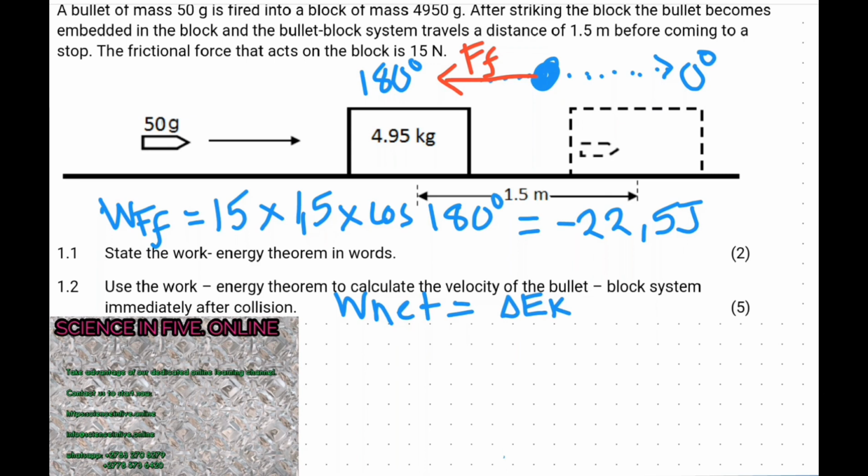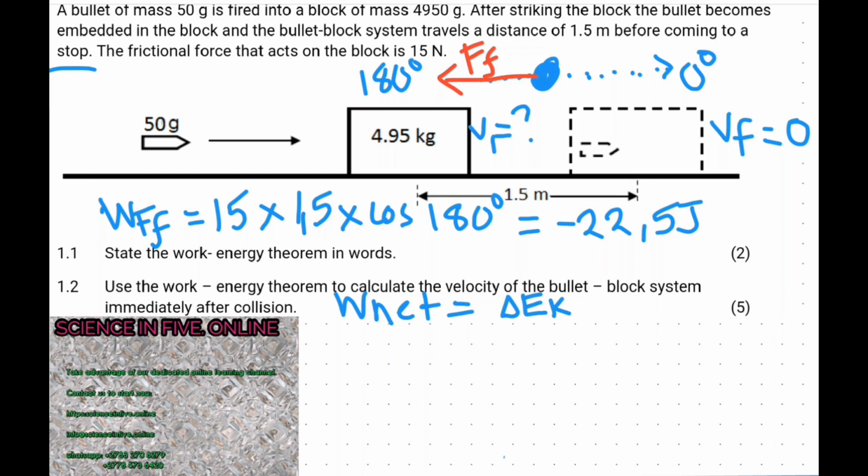The normal force and the gravitational force will do zero work, so we'll be left with only the work done by friction. Delta EK is the change in kinetic energy. The object comes to a stop, so we know that VF is 0, but the VI, we won't know what it is. And that is what we want to calculate, the initial velocity.